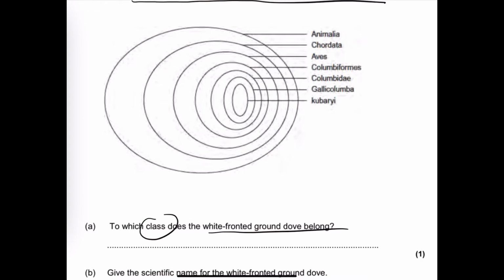So if you go over it, we have domain, kingdom, phylum, class, order, family, genus, and species. So you just need to remember there are lots of different mnemonics that you can use so that you can memorize this.